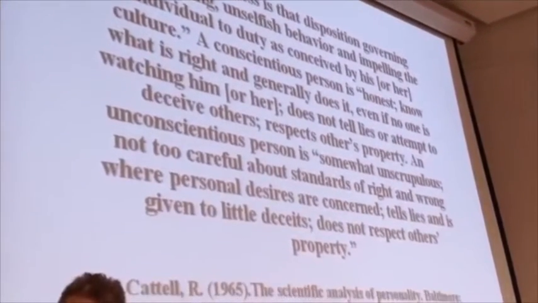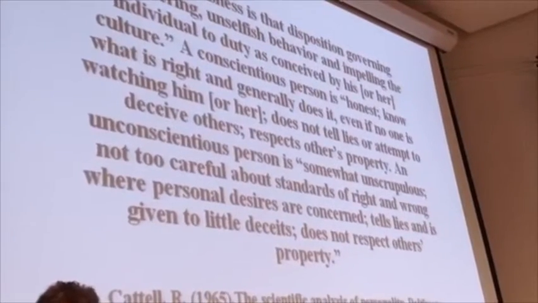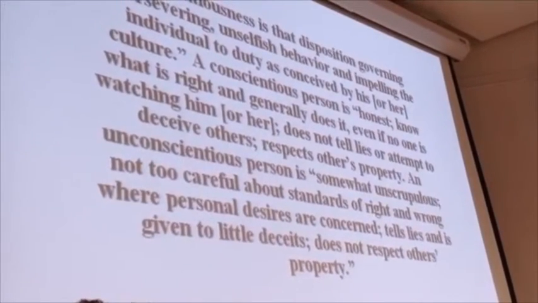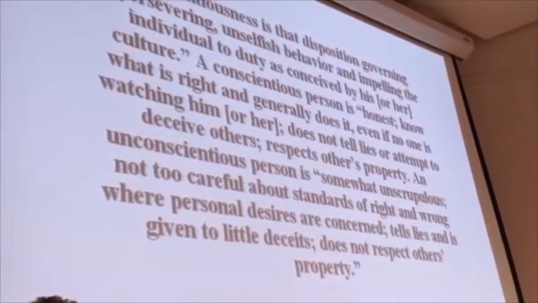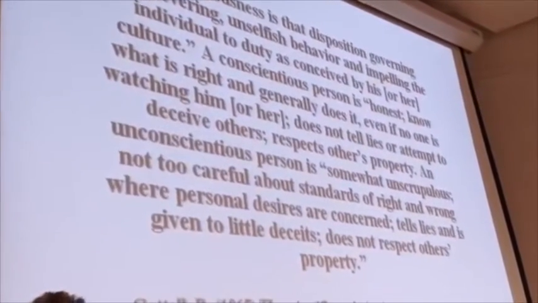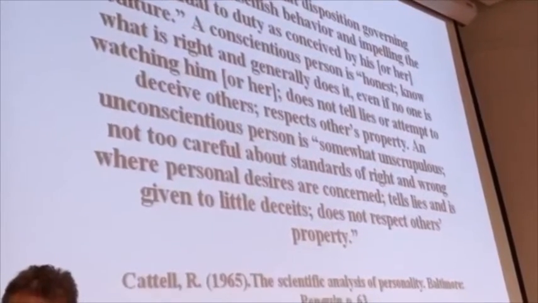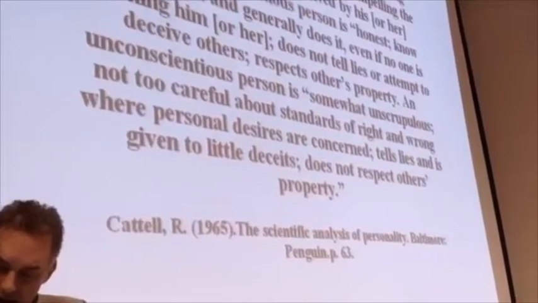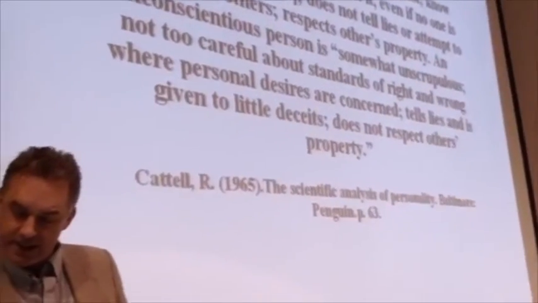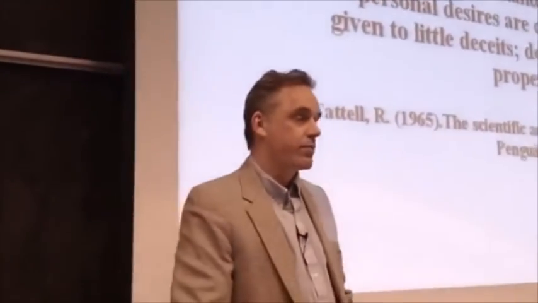A conscientious person is honest, knows what is right, and generally does it, even if no one is watching him or her, does not tell lies or attempt to deceive others, respects others' property. An unconscientious person is somewhat unscrupulous, not too careful about standards of right and wrong where personal desires are concerned, tells lies and is given to little deceits, and does not respect others' property.